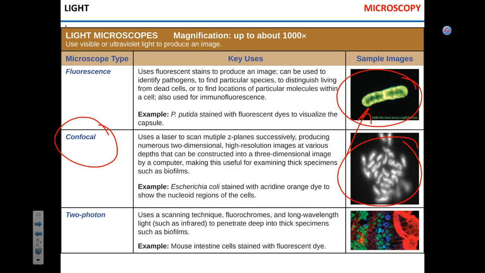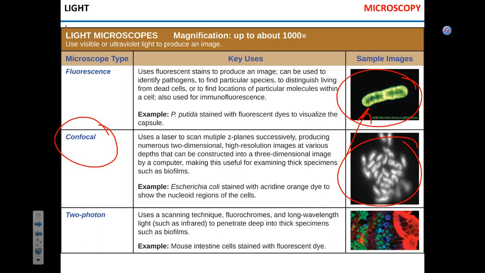So what does confocal microscopy do? It uses a laser to do a cellular tomography. You know what CT scan or MRI are, right? Those machines take multiple quote-unquote slices through the human body, recreating a 3D structure of the human body.